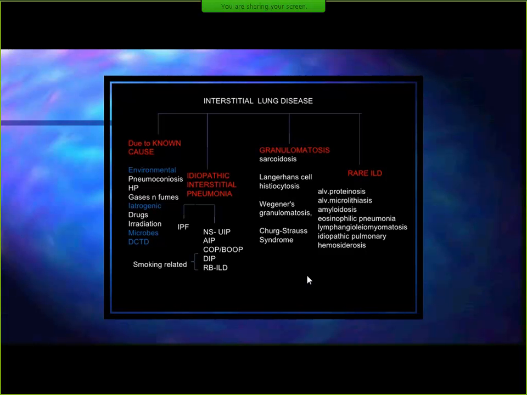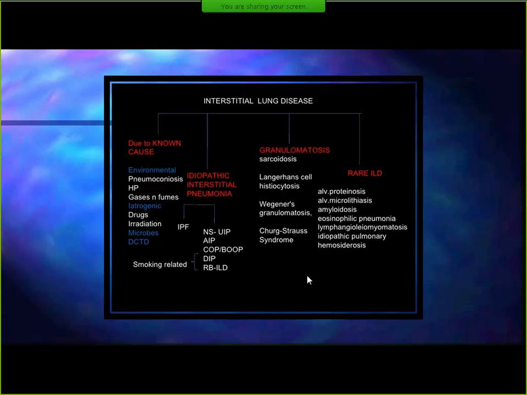So one of the most common ones, and that you're going to be asked a lot, is about idiopathic pulmonary fibrosis, which is a diagnosis of exclusion. But it has a very common clinical presentation, very common features, and very common findings on the X-ray.